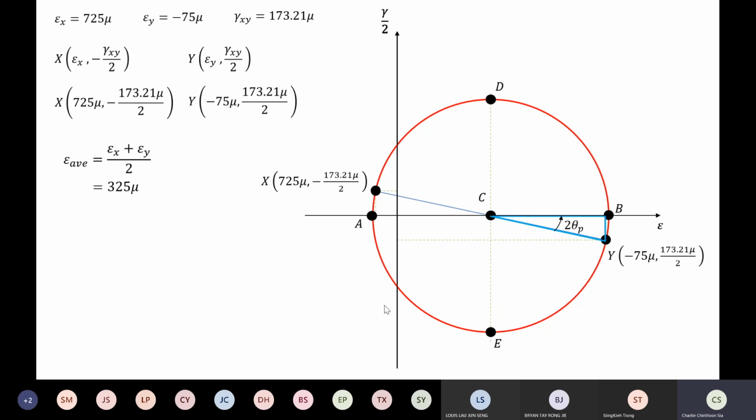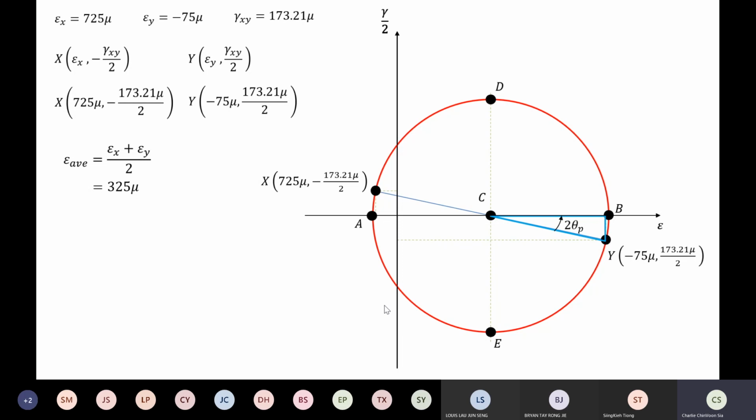As you can see here, the 2 theta s is clockwise, so the value here is negative, negative 38.89 degrees. Positive and negative show the directions of rotation.